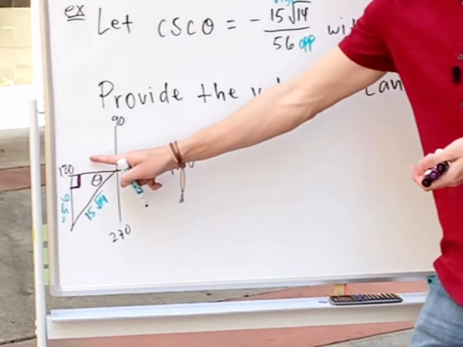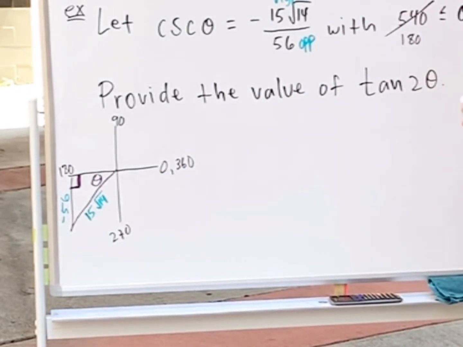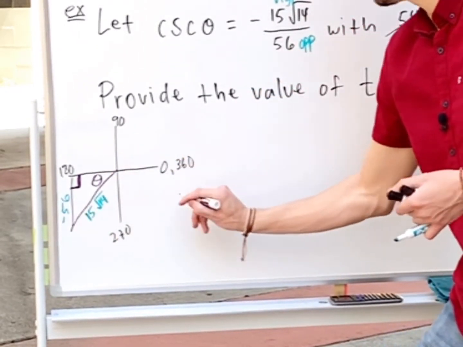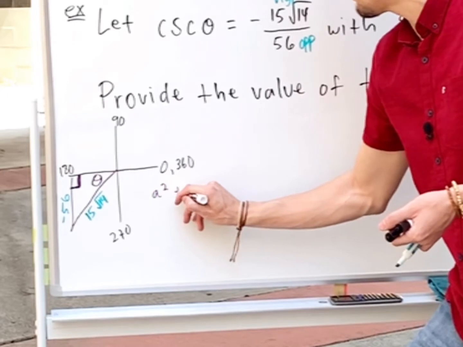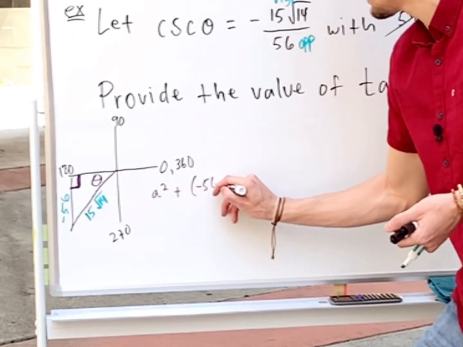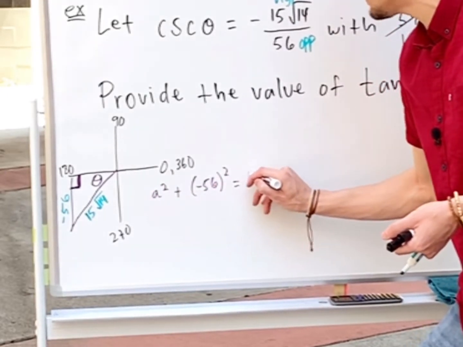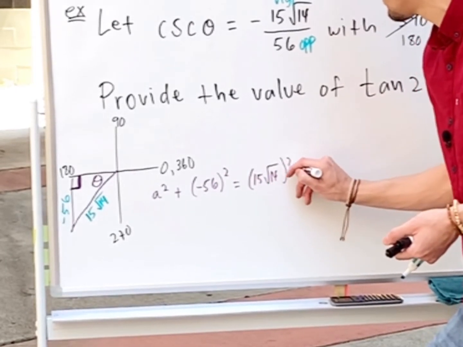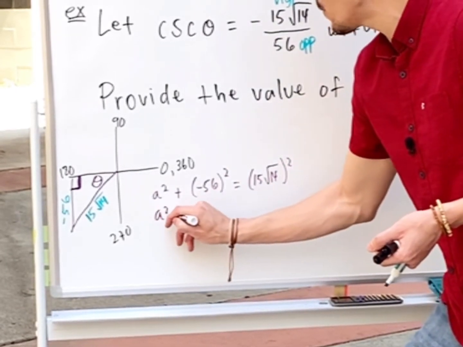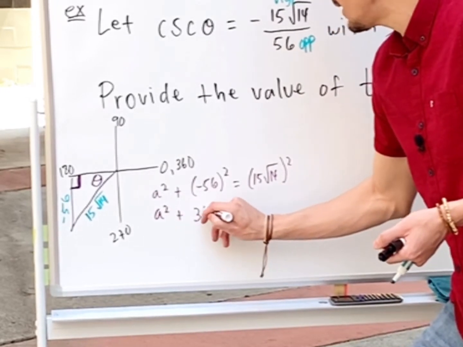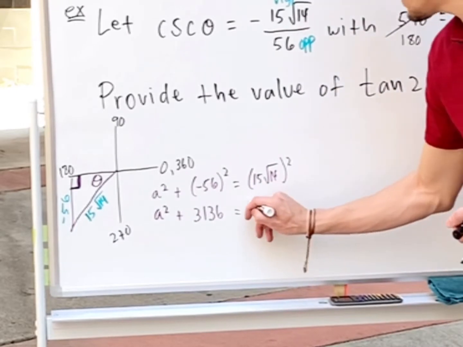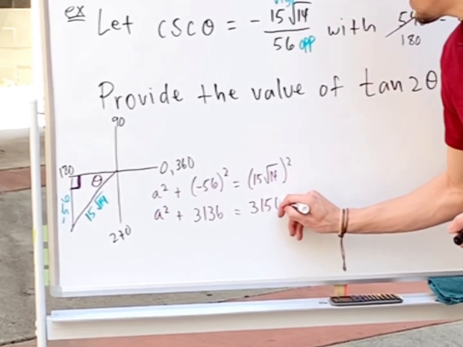Now let's find the missing side with the Pythagorean theorem. Suppose that this is A, that's B, and this is C. So we have A squared plus B squared equals C squared. And this is A squared plus, I believe this is 3136, and I believe this is 3150.